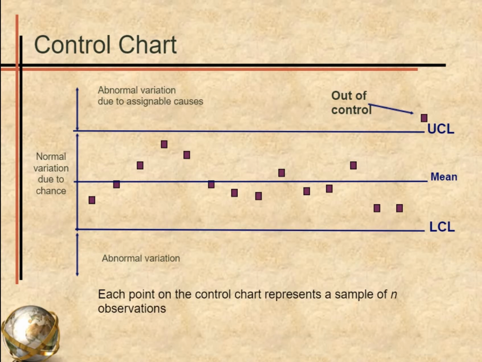If the process is in control, then all the dots should be in between UCL and LCL. However, we find there is a dot right here that is above the UCL line, so we can conclude that this process is out of control.